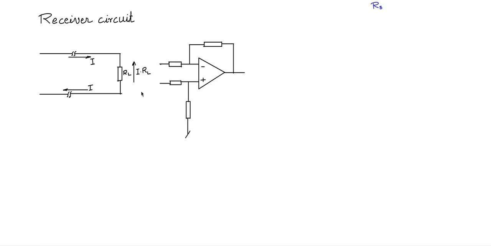Now it is positive here as the current is flowing. So this is the plus point, right? This is the minus point. So the plus point I am going to connect here, and the minus side I will connect here. So the difference across these two, IRL, is what will appear across here proportionally.